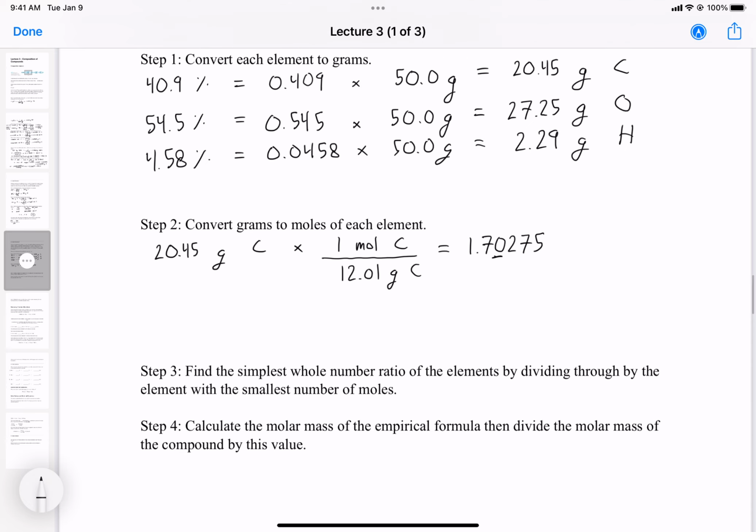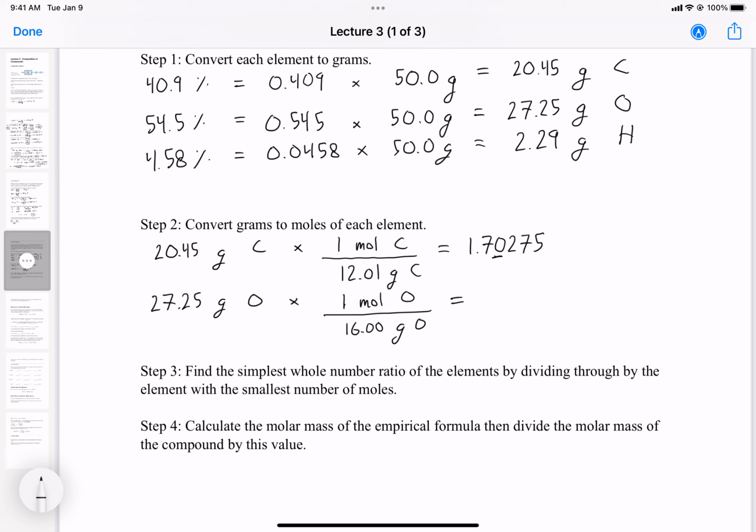Okay. Now for oxygen, 1 mole of oxygen is equal to 16 grams of oxygen. So we get 27.25 divided by 16.